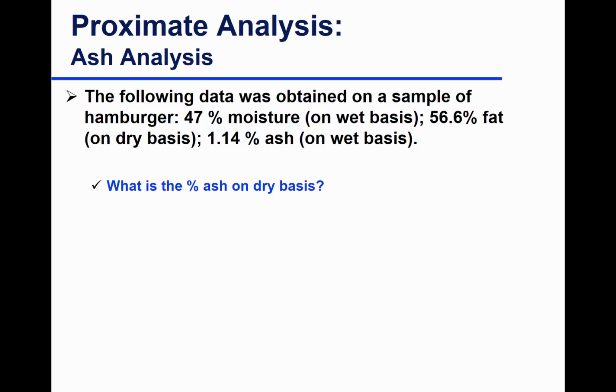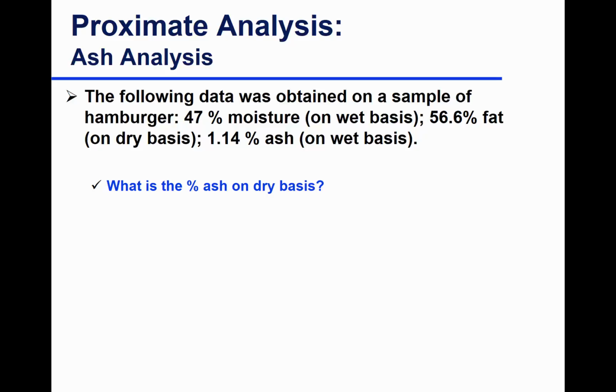So basically you have your ash on wet basis and you want to convert it to dry basis. It's 1.14, that's your percent ash on wet basis. Then you multiply that by 100 because it's out of 100, and divide that by 100 minus your percent moisture. This is your dry matter.